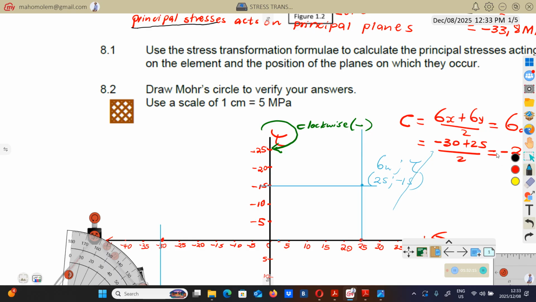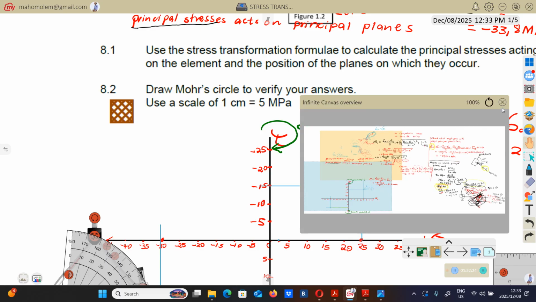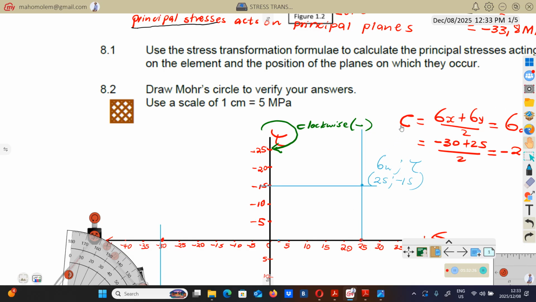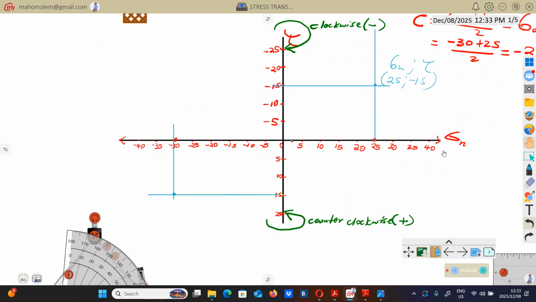The same thing applies on this side: negative 30 and positive 15, normal stress and shear stress.